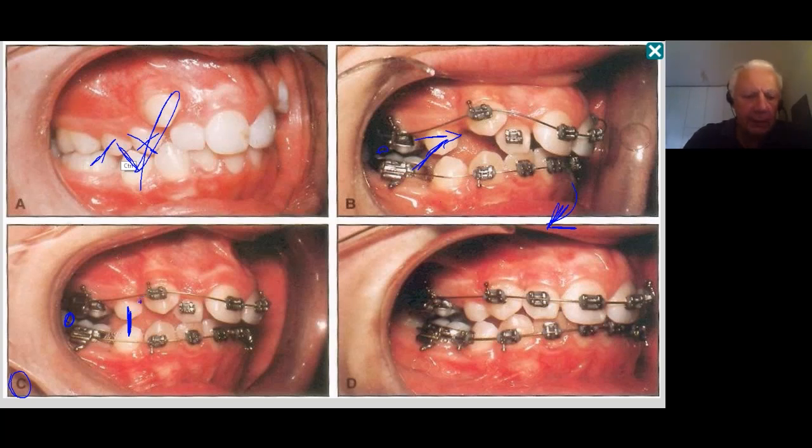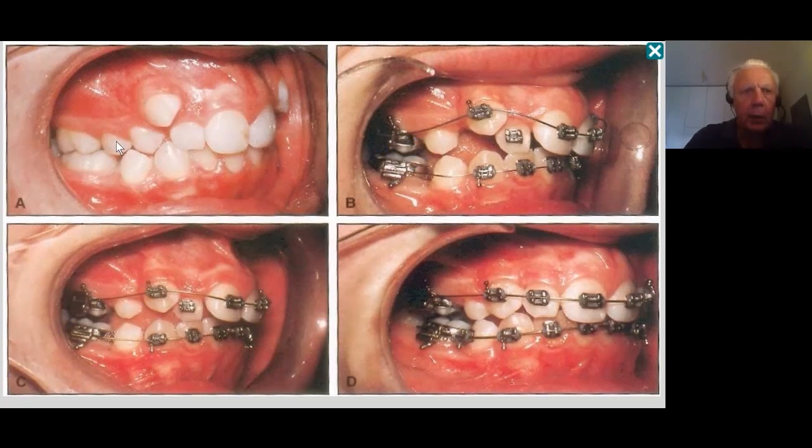There is another thing which is not as bad, but still I don't like it. The inclination of this canine that you see from here, from here to here to here, becomes more and more vertical. I would have preferred to keep it more or less with this inclination, while here it becomes more vertical. Why is this?